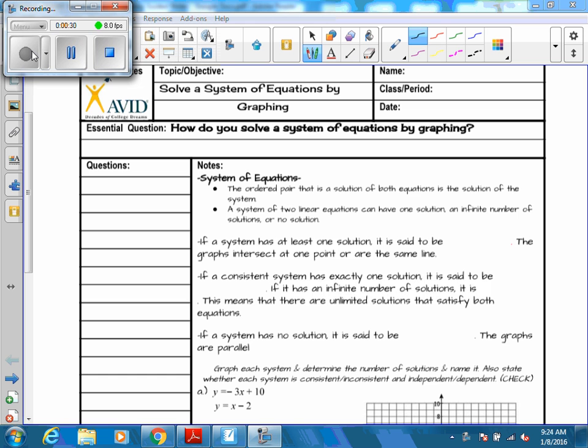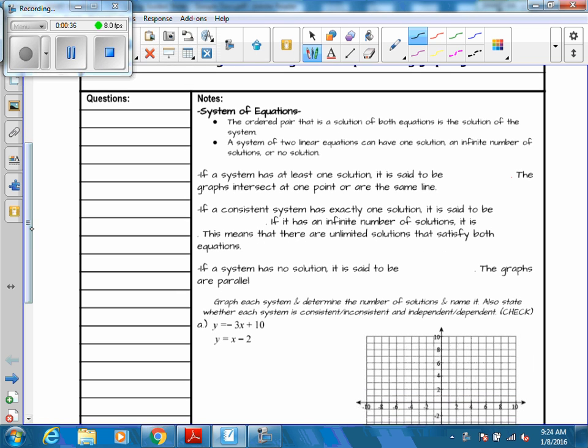So as usual, let's go ahead and start off with some vocabulary. So if we look at the first part, I want to know what a system of equations is. So a system of equations is going to be the formation of two equations.